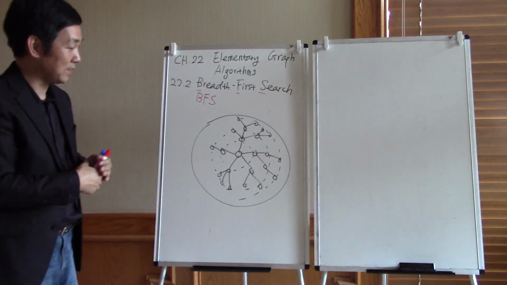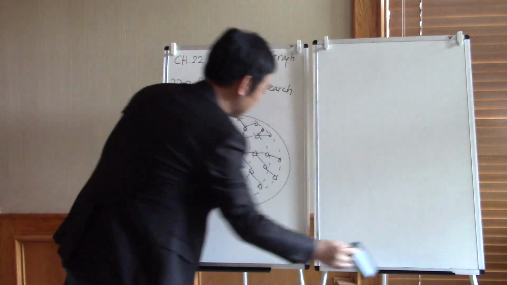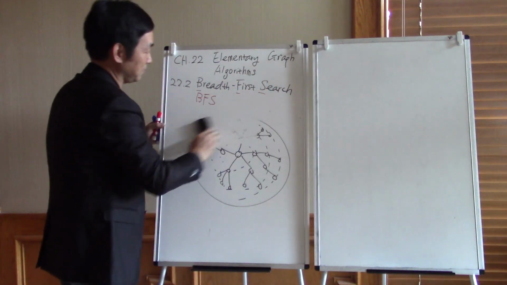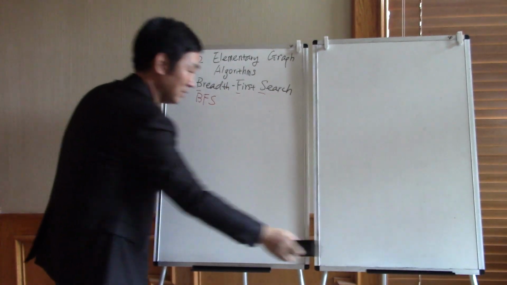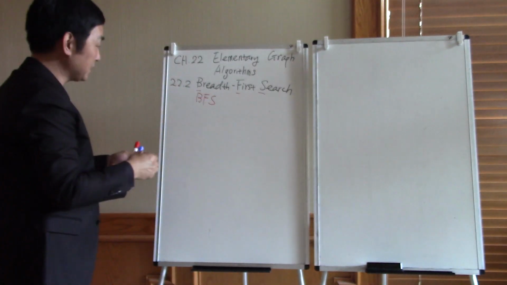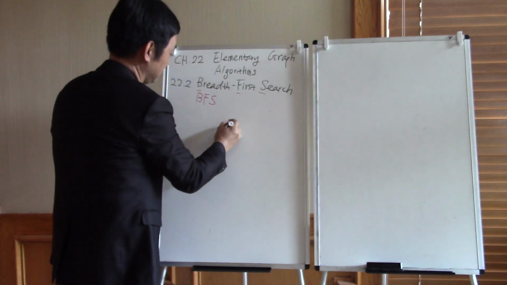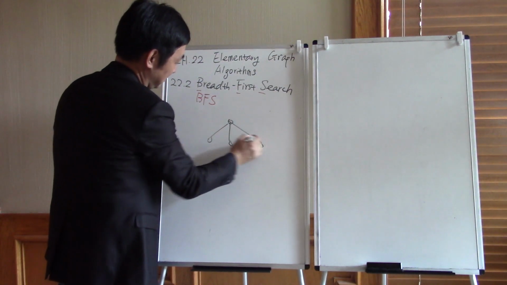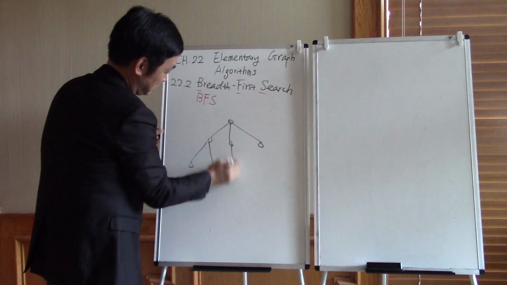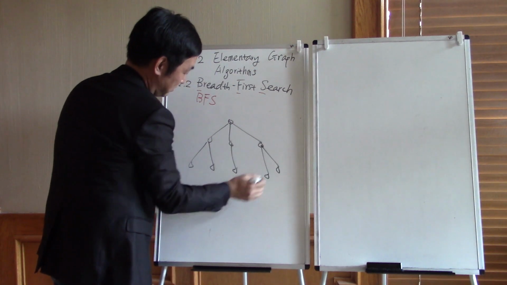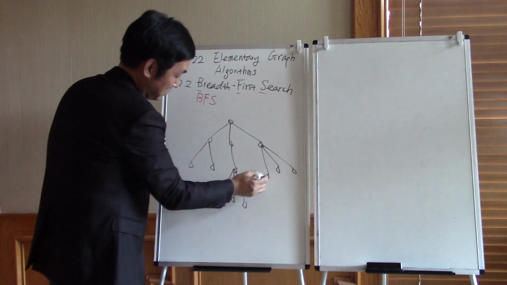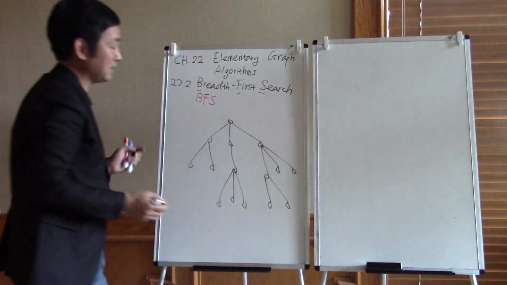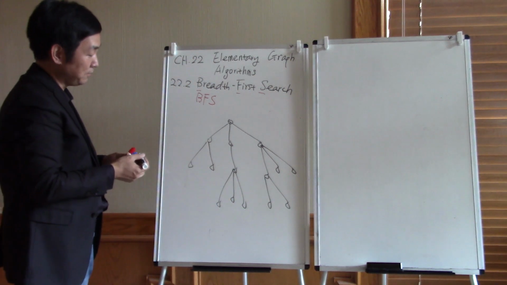Okay, so let's take a look at a small example to understand better how it works. Okay, let's say that we have this graph. So in this graph, let's give them a name.